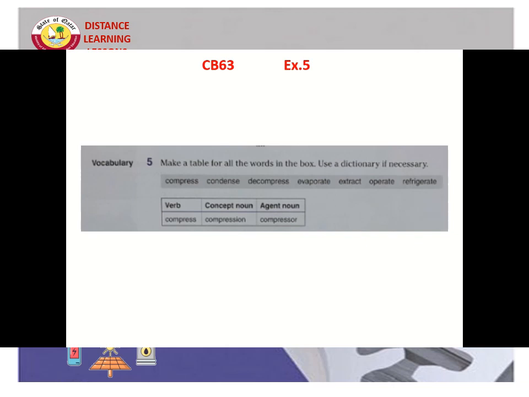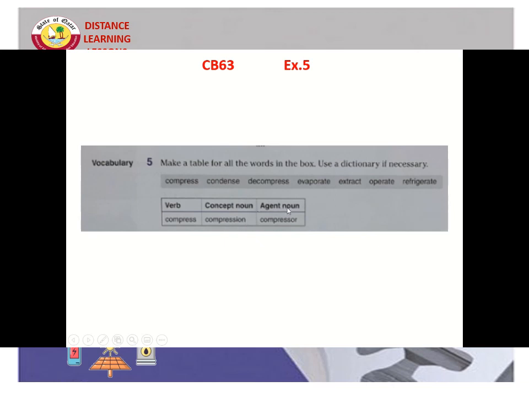Now, let's take a look at the table. As you can see here, we have 3 columns. The first column is the verb, which is the action, compress. And the second is the concept noun, which is the name of the idea, principle, or process, in this case, compression.